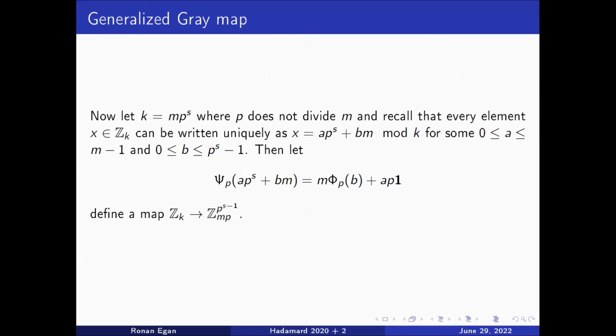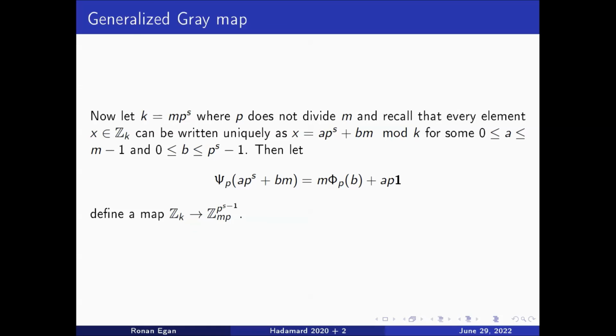Then again, we can write this uniquely as some multiple of p to the s plus some multiple of b modulo k, k being m and p to the s here. And again, if you do that, that allows you to define a map that now takes this number and sends it to a vector that is m times entries in Z_mp, which is p to the s minus 1 times as long.